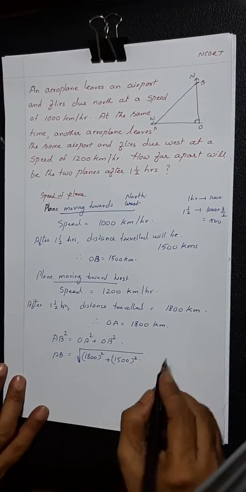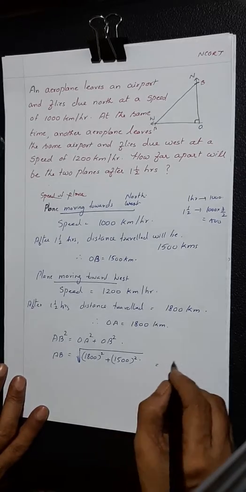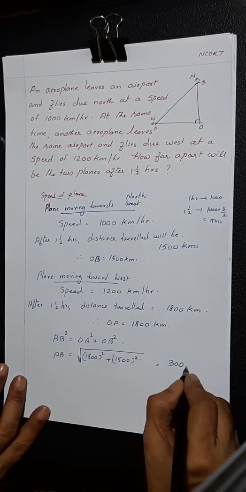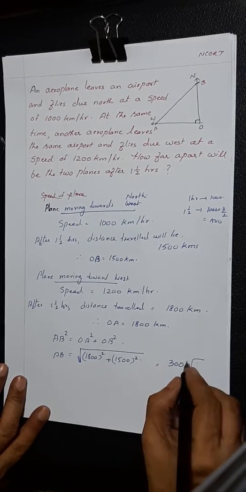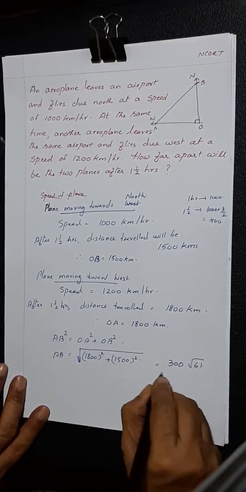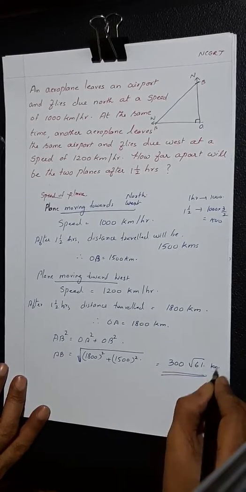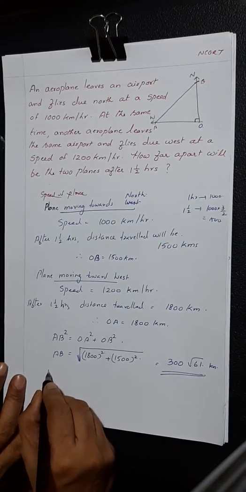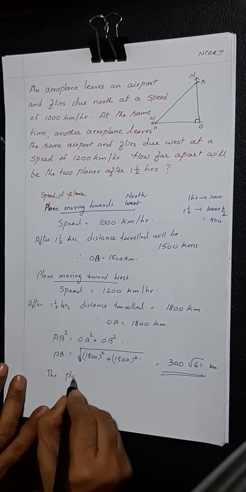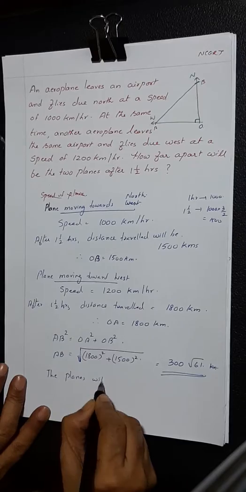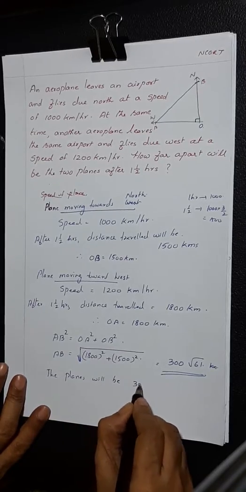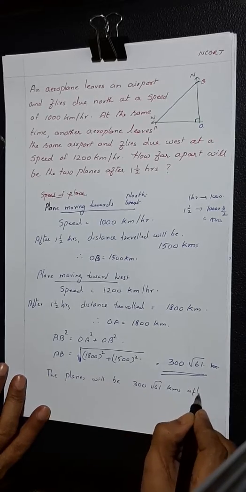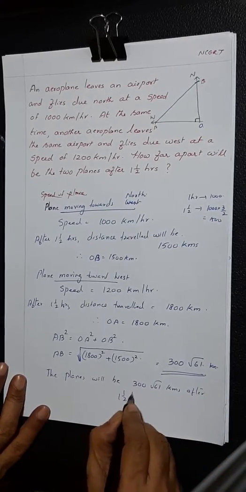If you do the calculations, you will get AB is equal to 300 into root 61. So the planes will be 300 root 61 kilometers apart after 1.5 hours.